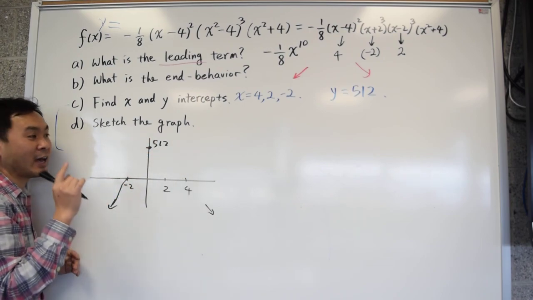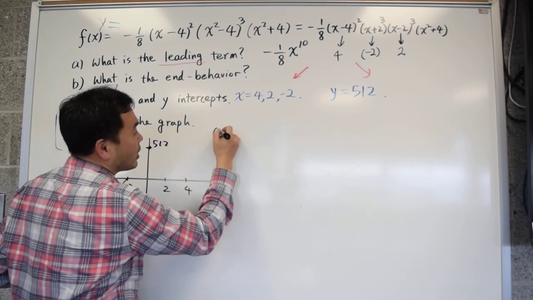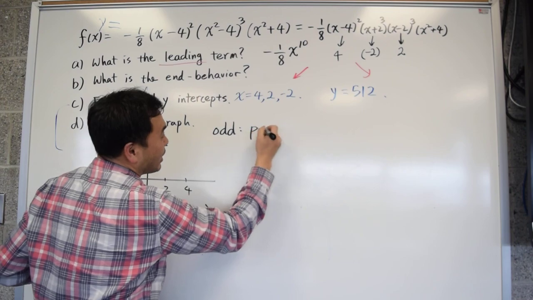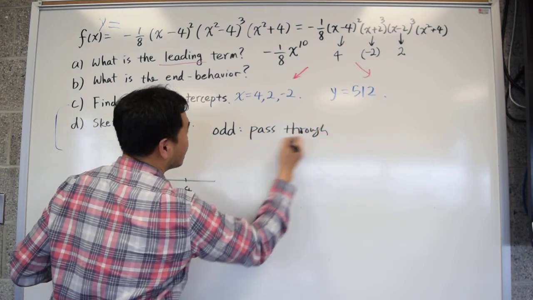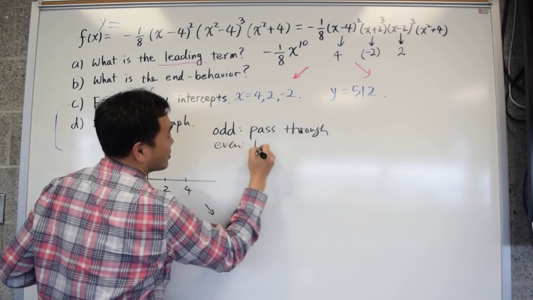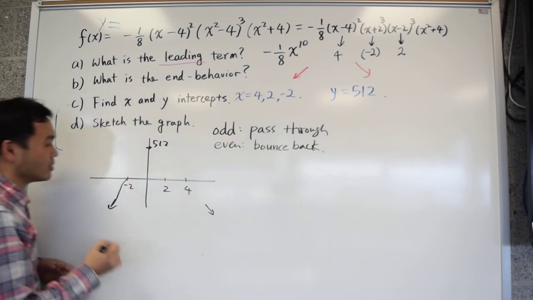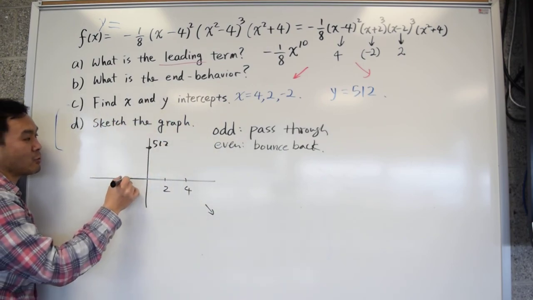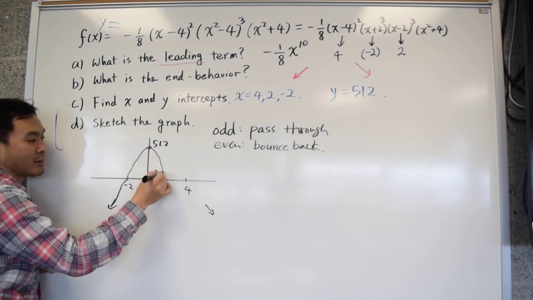In the case of odd, what do you do? Odd, pass through. Even, bounce back. Okay? So at negative 2, we pass through, reach the y-intercept, come back down.